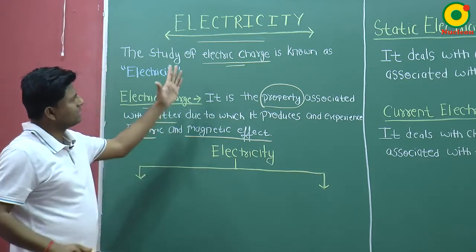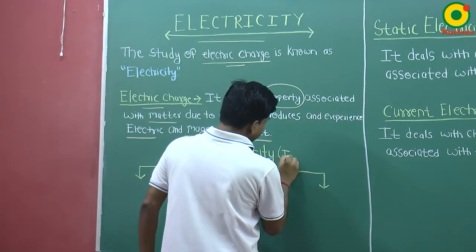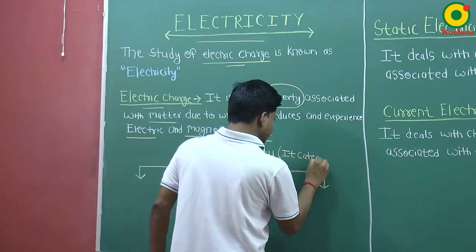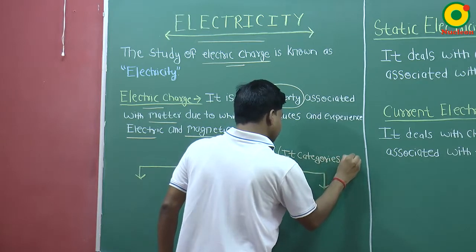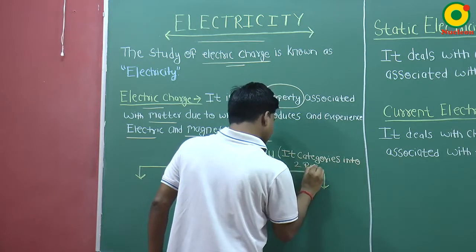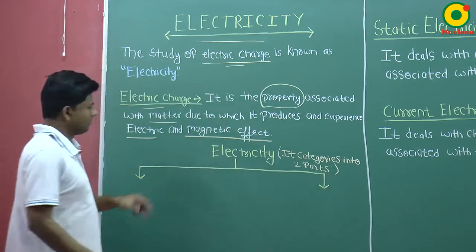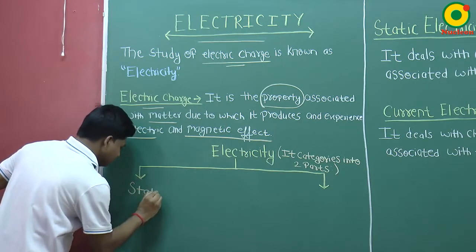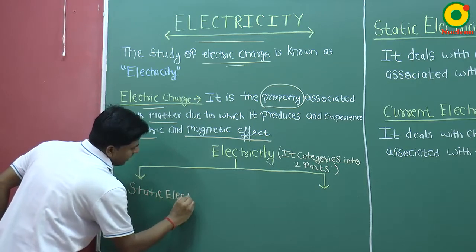This term electricity is categorized into two parts. One is known as static electricity.